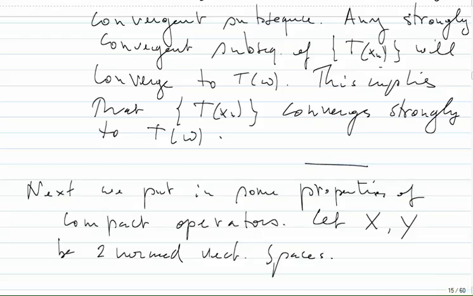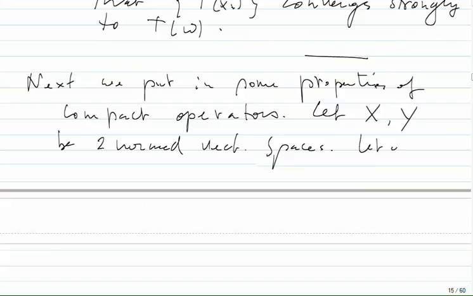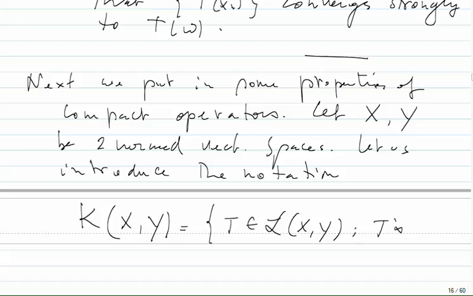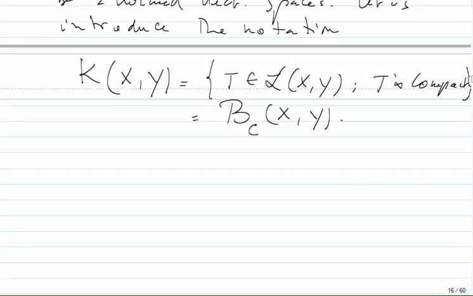Let us introduce the notation K of XY to be T belongs to L of XY such that T is compact. In fact, some other notation for this is the bounded linear operators which are compact between X and Y. I have seen this as well. I don't like it because it's confusing with the balls, and students seeing it for the first time may be confused. So I will keep K of XY. It doesn't matter as long as we know that what we're talking about are the compact linear operators from X into Y.